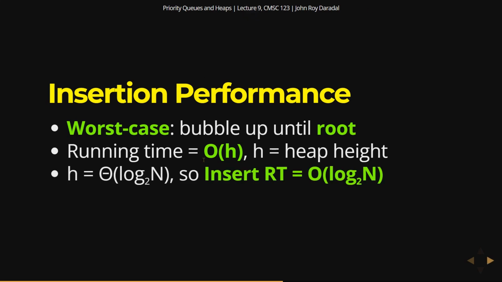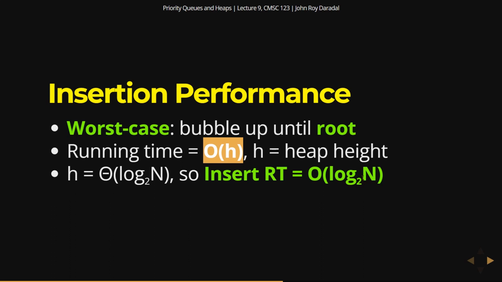if the running time is O of h, because we're traversing from the leaf to the root in upheap, taking the whole height, and if the height is log of n base 2, then the running time of insert is O of log of n base 2. O of log n, basically.